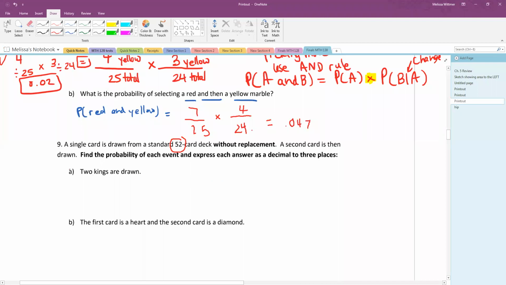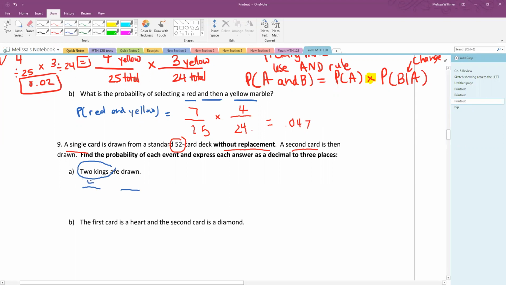So when it says, what's the probability that 2 kings are drawn? We are picking a single card without replacement, and then we pick a second card. So we will have to do a probability for each selection, a fraction for the first, a fraction for the second. Now in a deck of cards, when you're talking about an individual card type, there are always 4 of them. So you can get the king of hearts, the king of diamonds, king of spades, king of clubs.